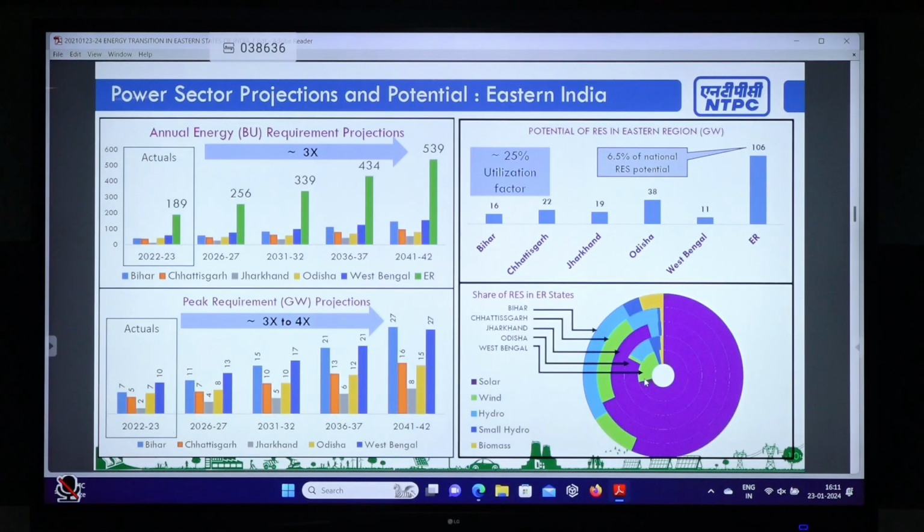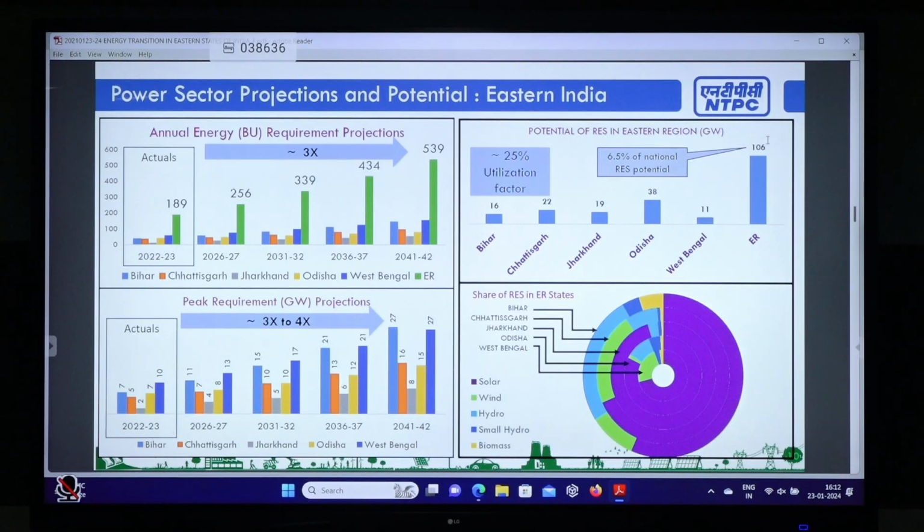Coming to the energy scenario, we are talking about renewable potential, which we have already discussed. Dr. Mayan has given a very exhaustive analysis of the energy scenario in India. This is about the Eastern region.